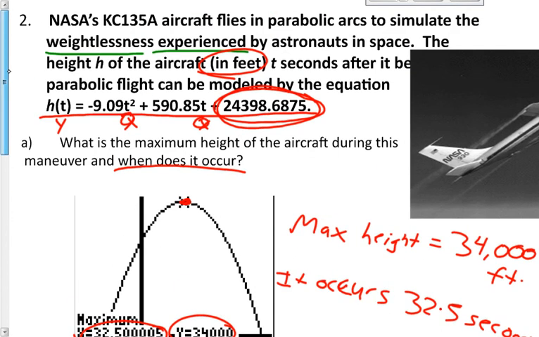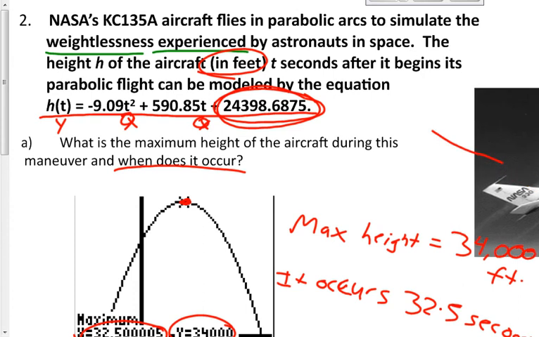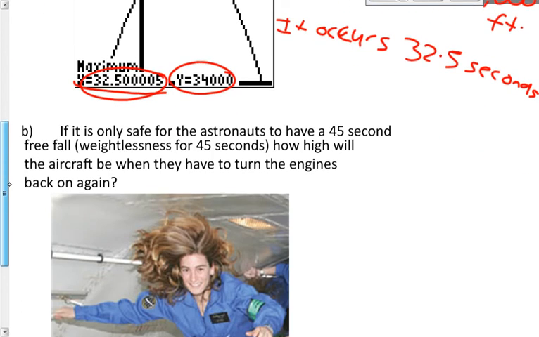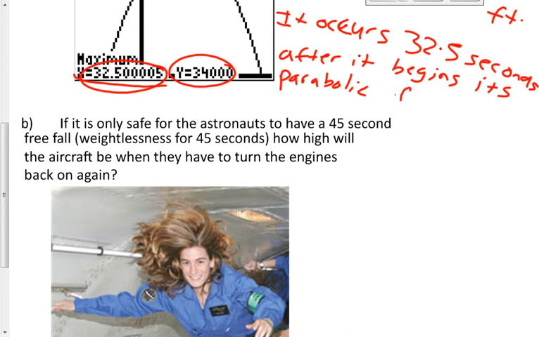It says t seconds after it begins its parabolic flight. So this aircraft is going to start flying up into the air, not necessarily as a parabola, but then once it starts its parabolic flight, it's going to hit the maximum 32.5 seconds after that. So it occurs 32.5 seconds after it begins its parabolic flight.